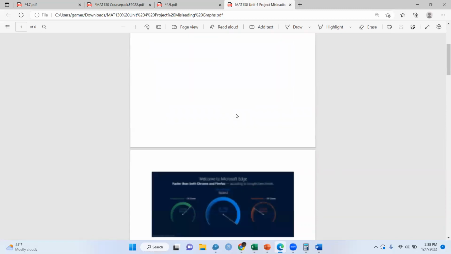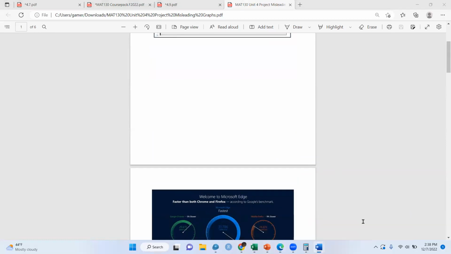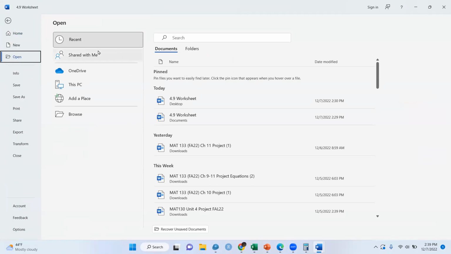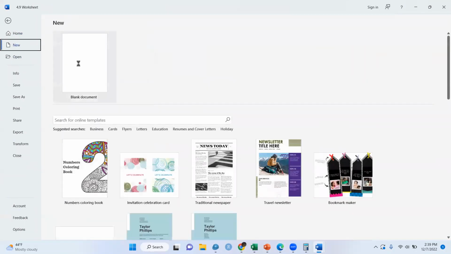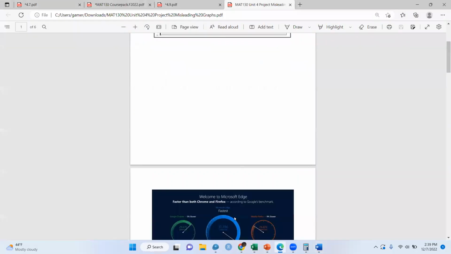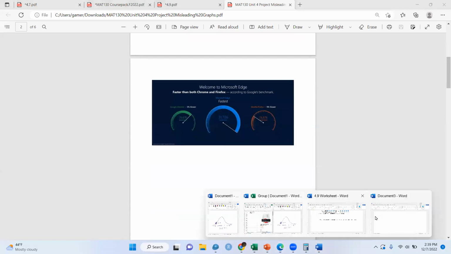So you pick any one of these, and what you would do maybe is open a Word document if you wanted to. New Word document. And if this is the graph you wanted to do, screenshot it so I know which graph you picked.